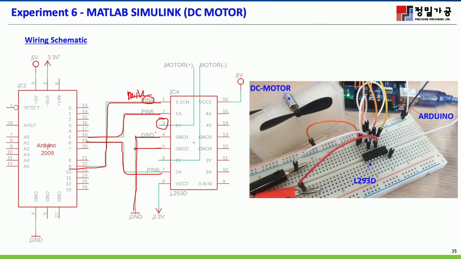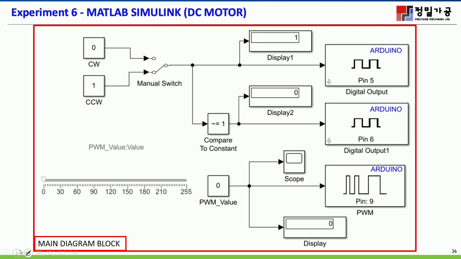And this one is the output to the motor, either plus or negative. You just put the motor in this, and maybe you need the source in here for the IC and for the motor. Connect 3.3 volts for the motor, because this is basically a 3 volt DC motor. Okay, this is the block diagram for this experiment.